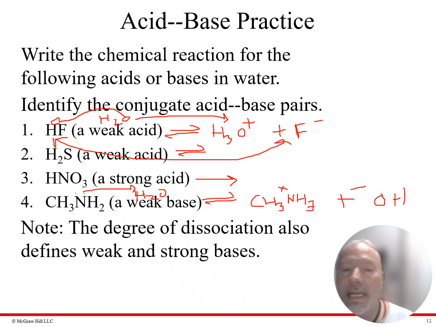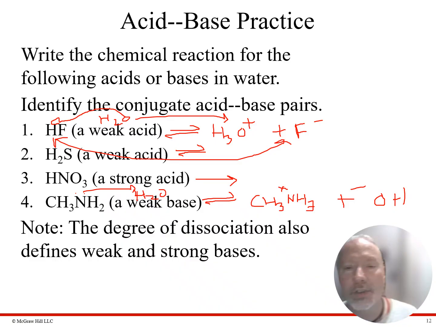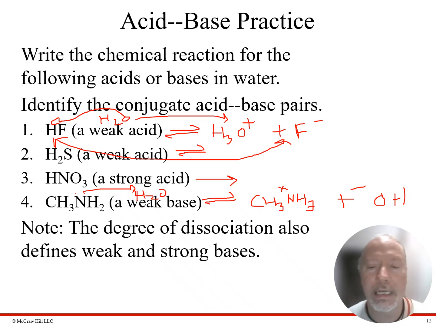But strong and weak is something else in chemistry. It talks about whether we have an equilibrium, which we always do in a weak acid or a weak base. But if we have a strong base or a strong acid, there is no equilibrium. The reaction goes one direction, and that's to completion, to products.